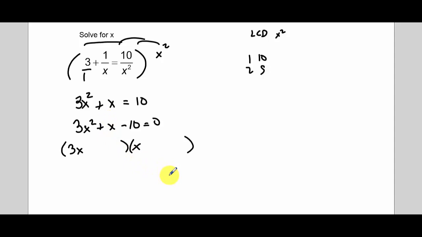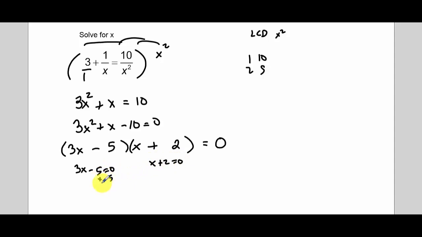So I'm going to try the 5 and the 2, put my 2 here and my 5 here. Notice what happens. I need a positive x when I add. So if I put a positive 2, 3 times 2 is 6, and negative 5 times 1 is 5. That will give me my factoring. Again, set each equal to 0 by the zero product principle.